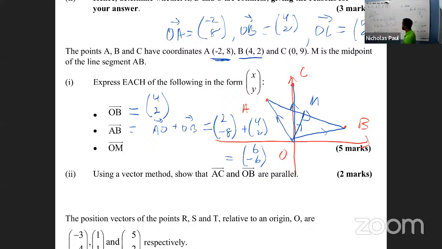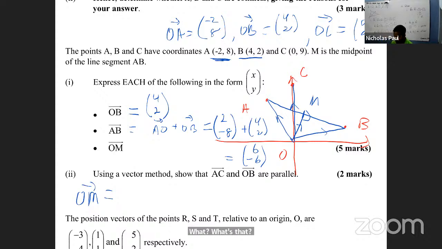Kalisha, help me out. How do we get OM? Very good. And what else? Remember, you want to get O to M. O to M is what? Okay, diagram.